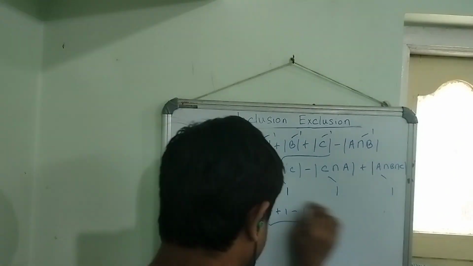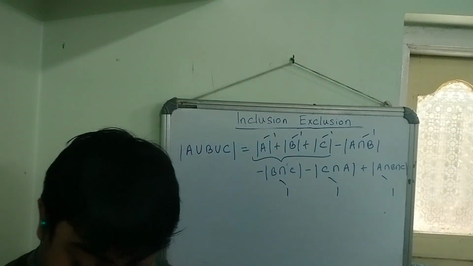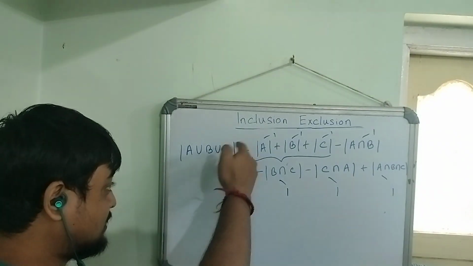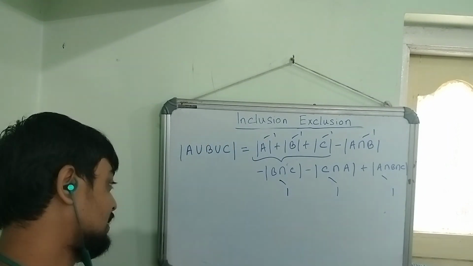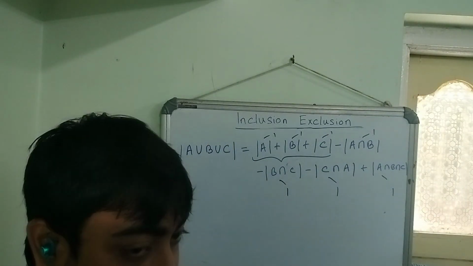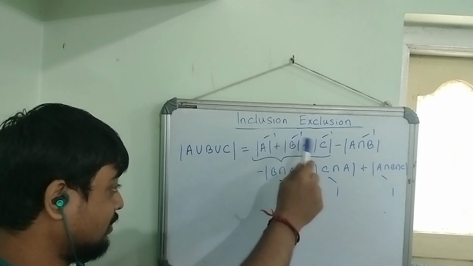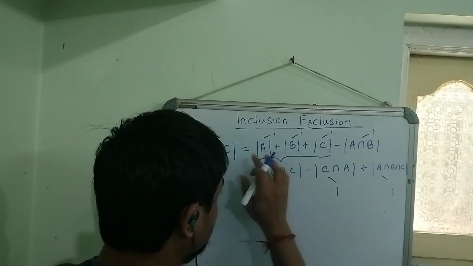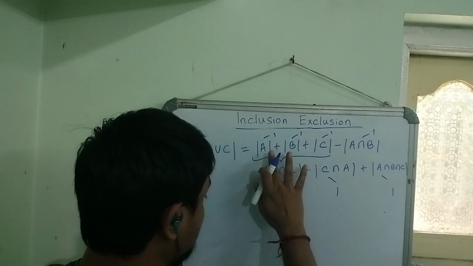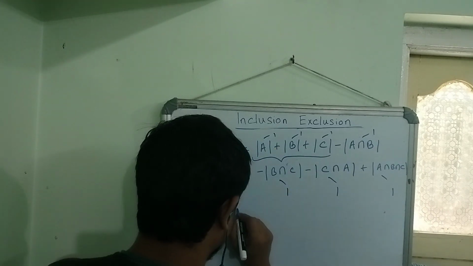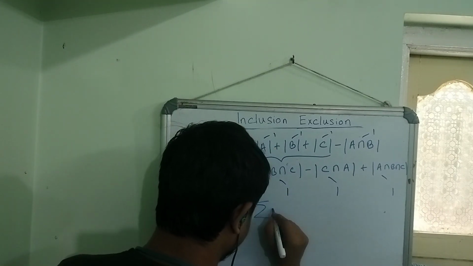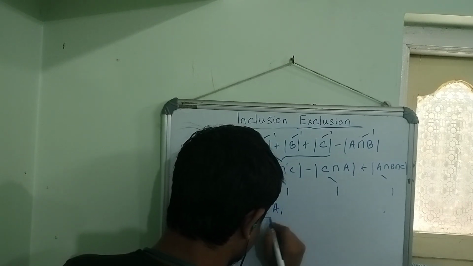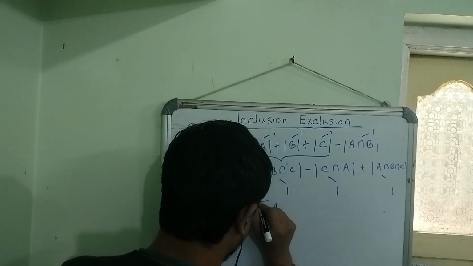So I guess if there are four sets, A union B union C union D, the number of elements you can similarly say. I hope you all know how to write the pattern, right? It's nothing difficult. Just take the cardinalities of those taking a single one at a time, that is the cardinalities of the Ai's, i running from 1 to n.